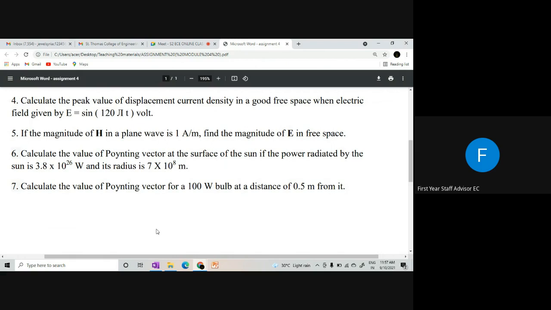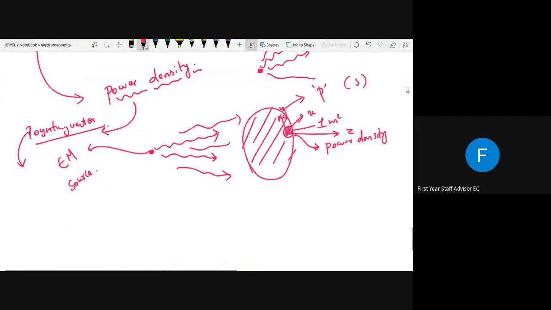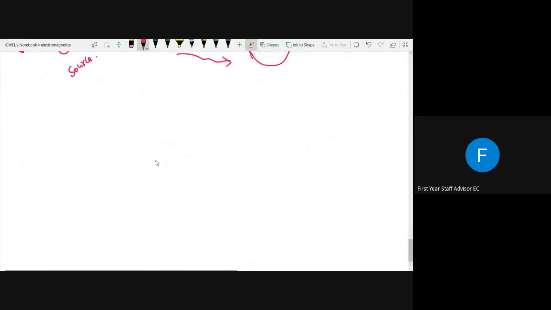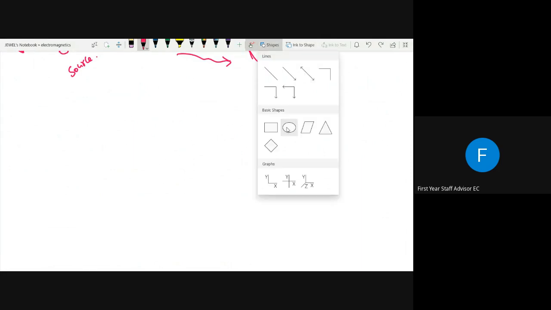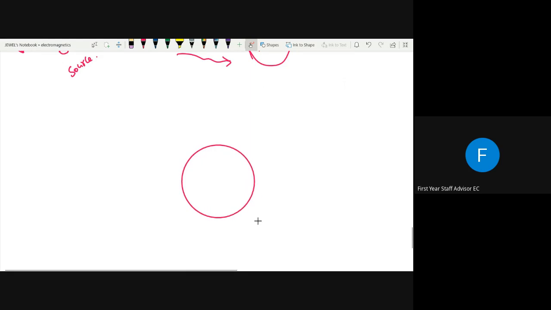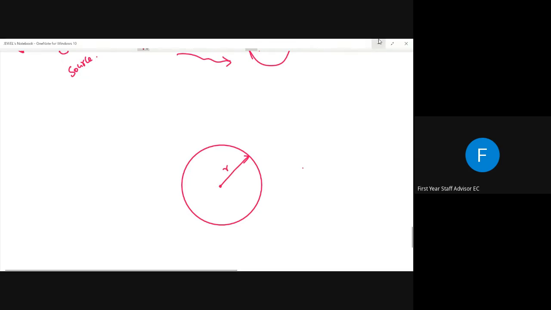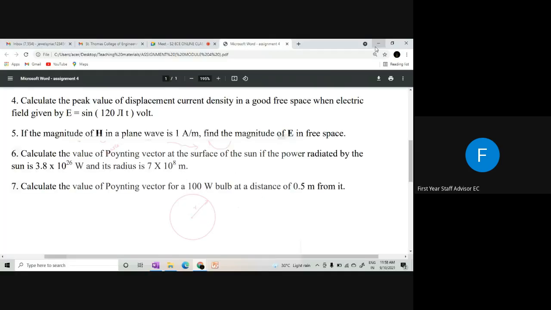Okay, so we have sun here. That means we have, okay, 1 minute. We have sun here. Consider this is sun, and given that the radius of sun, radius of sun എത്രയാണ് തന്നിരിക്കുന്നത്? നമുക്ക് നോക്കട്ടെ. Radius of sun is 7 into 10 raised to 8 meter.